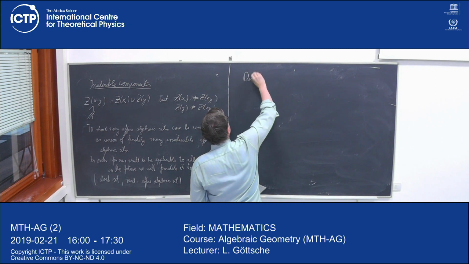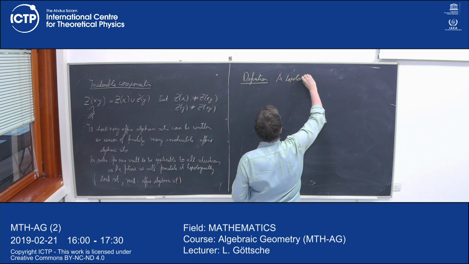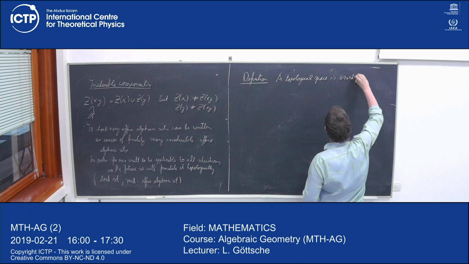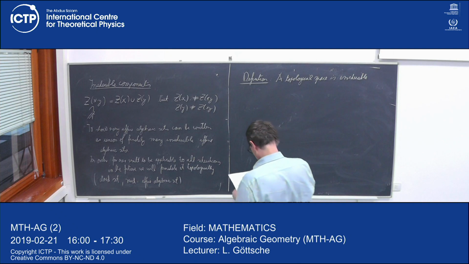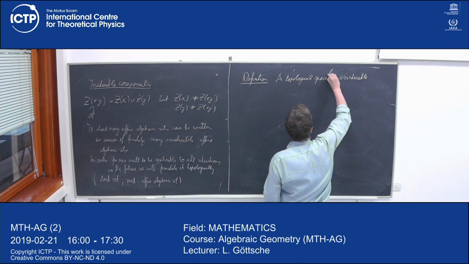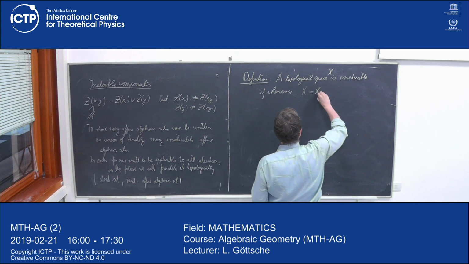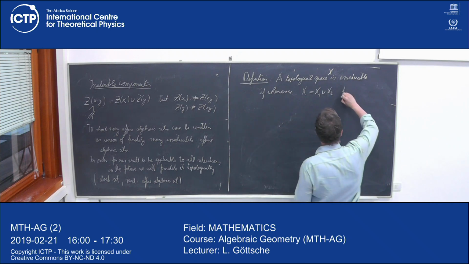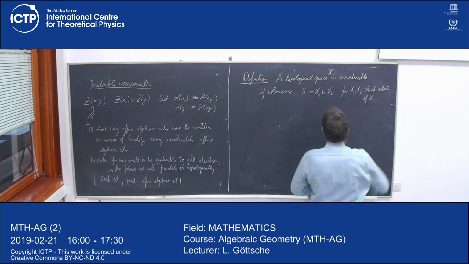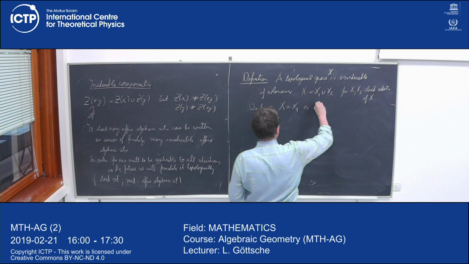So this is a definition. A topological space X is called irreducible if the following holds: whenever you can write X equal to X1 union X2 for X1 and X2 closed subsets, it follows that X is equal to X1 or X is equal to X2.